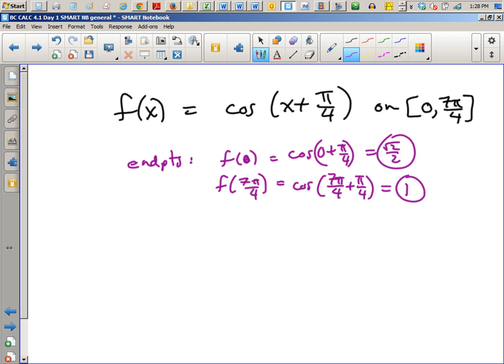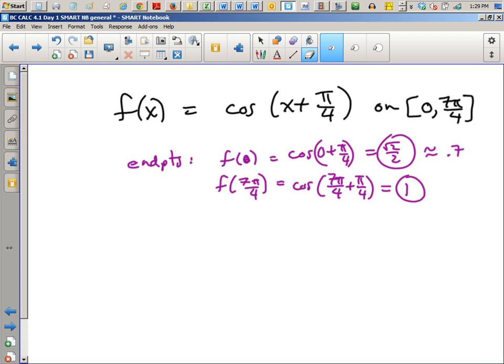Root 2 is about 1.4. Dividing by 2, this is about 0.7. Obviously, that's less than 1. So our only two candidates right now are we think that 1 is a candidate for absolute max. He might be king of the hill. We'll find out later. And this guy, he's the only candidate we have for absolute minimum. But there's more to check.